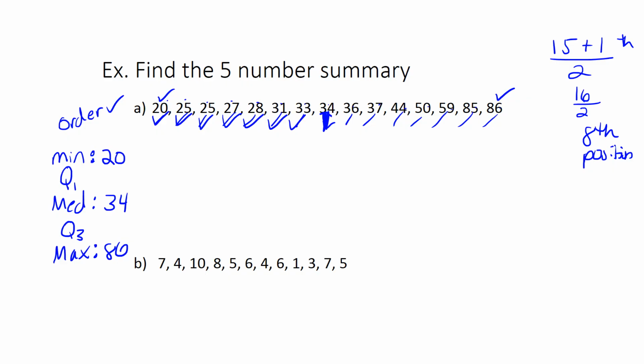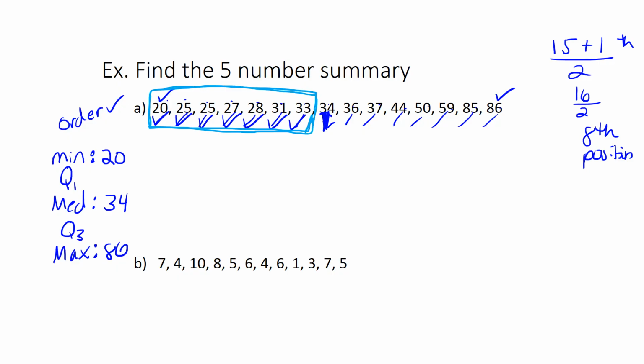Okay. So now when you find the first quartile, you cover up the second half of the numbers, including the median. That's the most important because if you include the median, you're going to get a different answer. So you're not going to use 34 when you find the median of these.